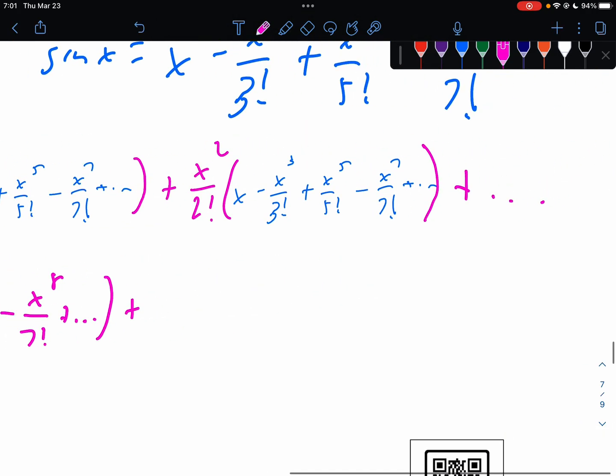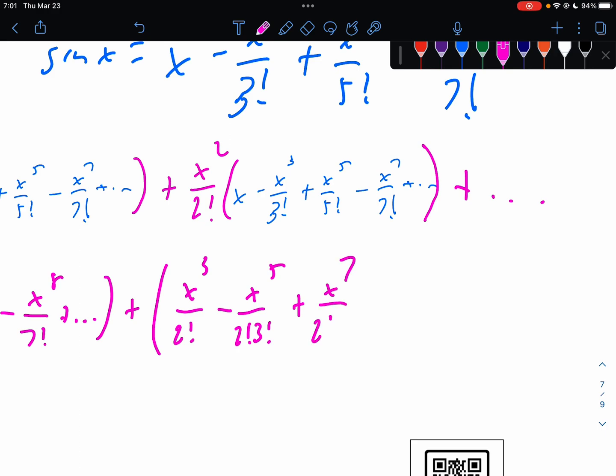Plus, and then if we distribute this x squared over 2 factorial, we get x cubed over 2 factorial minus x to the 5th over 2 factorial times 3 factorial, 3 times 2 would be 6, plus x to the 7th over 2 factorial 5 factorial minus x to the 9th over 2 factorial 7 factorial.